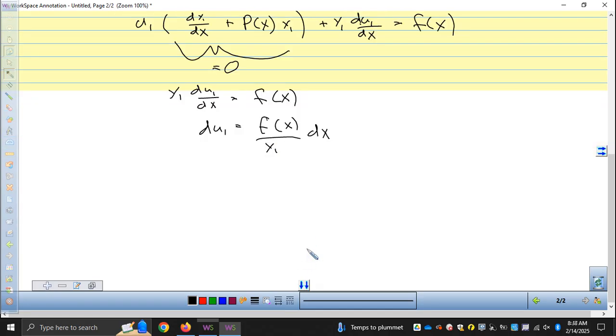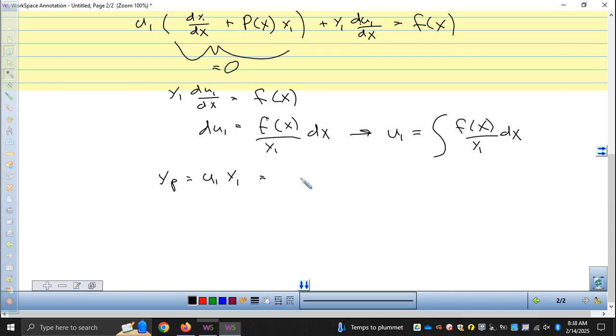And so our u1 is the integral of f of x over y1 dx, and y sub p is u1 y1.